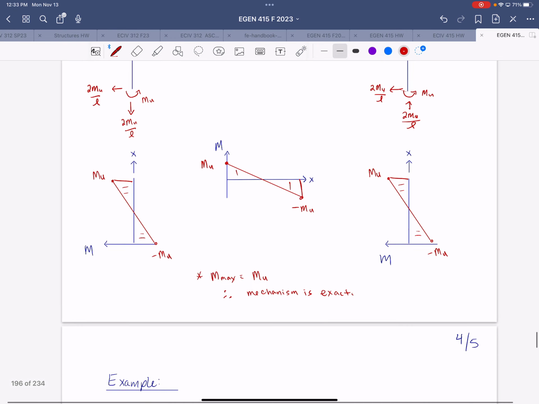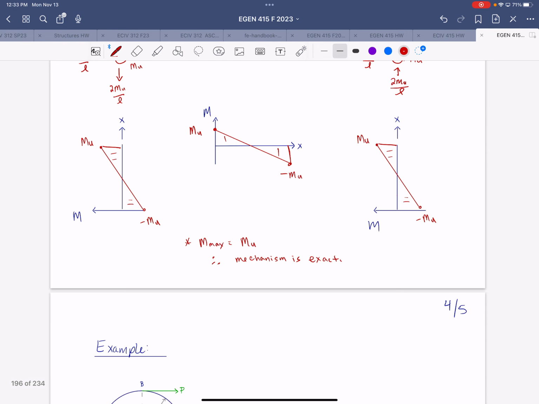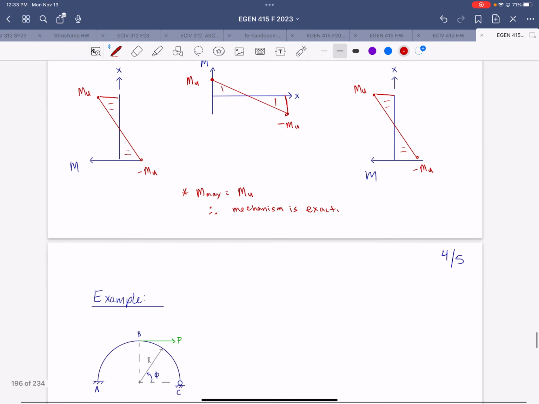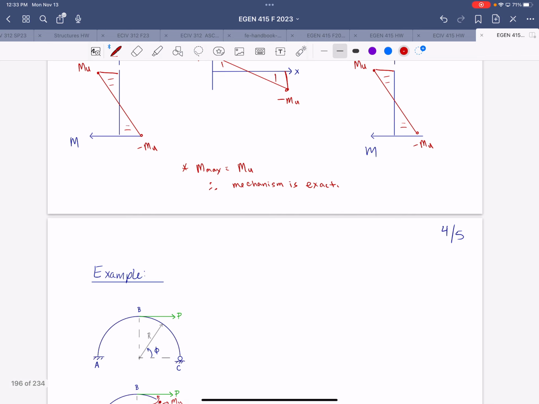All right. So the next example we're going to look at is going to be a circular beam, and an indeterminate one at that. So we have a half circle here with an applied lateral load at the top.